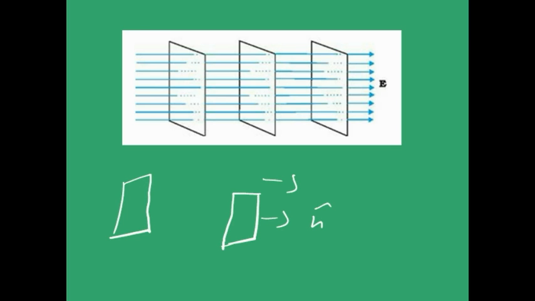Say the area vector and electric field were not parallel. This is the area vector. If I had some electric field in this direction, what does it mean? It means that I have some tangential component, or I should say I have some component of this electric field which is in this direction parallel to the area.